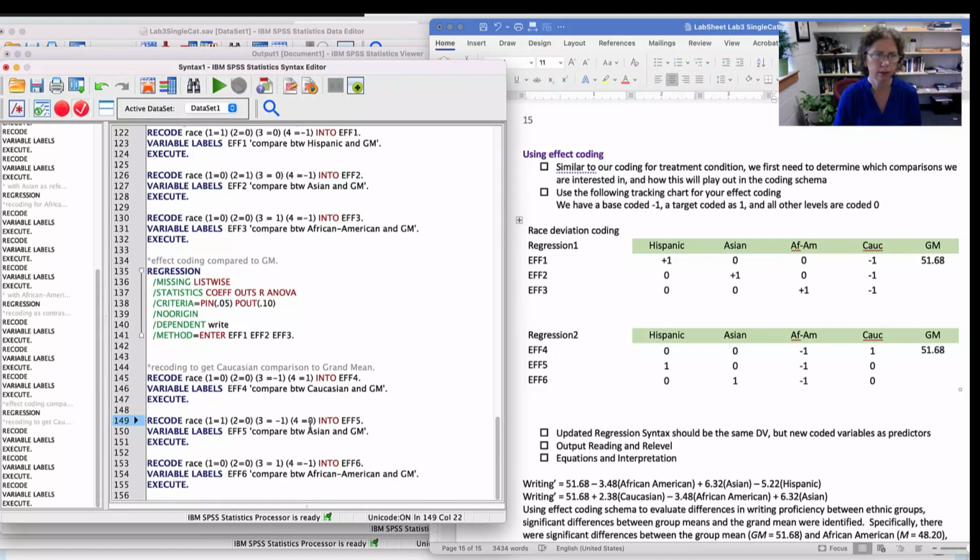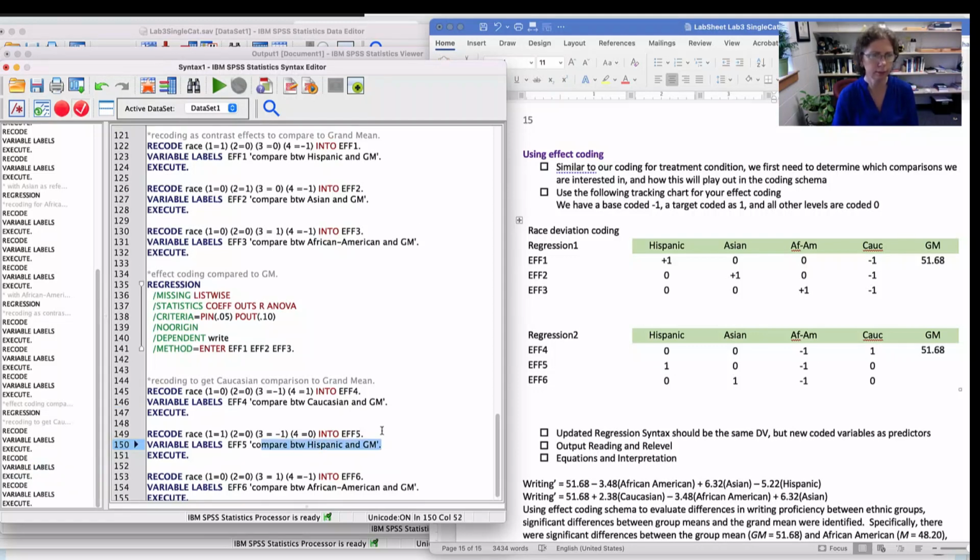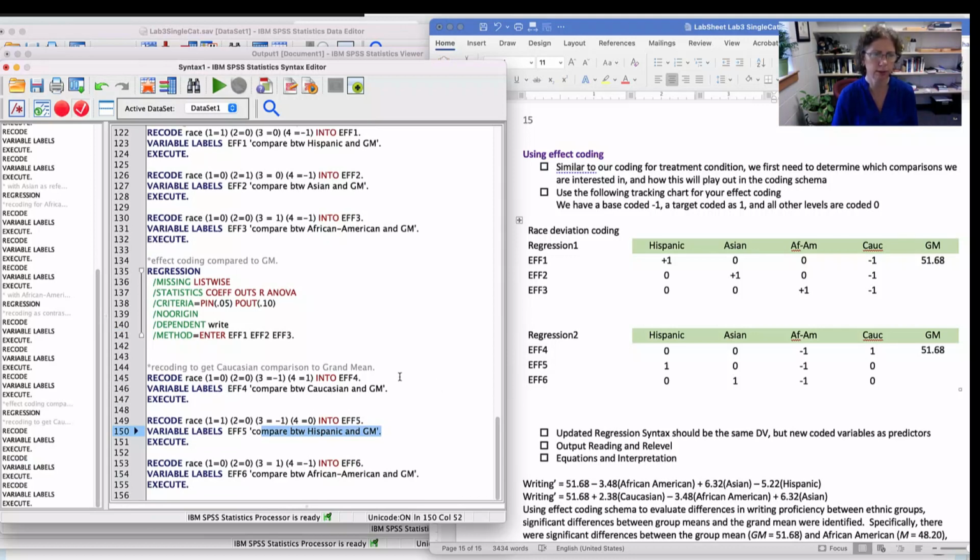1, 0, -1, 0 for F5 between Asian. Oh, look at that, I'm wrong. It's between Hispanic and grand mean. So make sure you have them right so that when they come to your output later, it doesn't confuse you on which one's which.